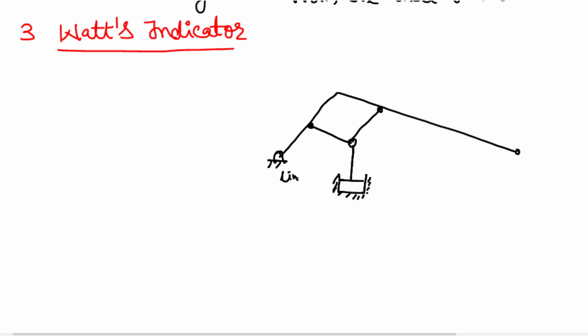This is link 1, this is link 2, this is link 3, and this is link 4. The movement of piston in this direction, the movement of this end of link 3 is approximately a straight line.